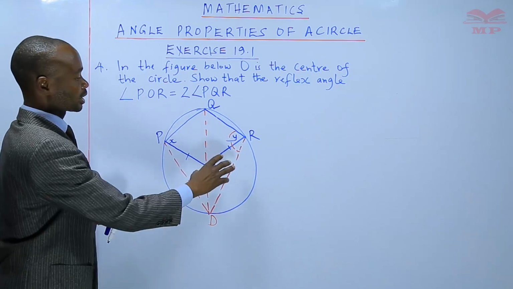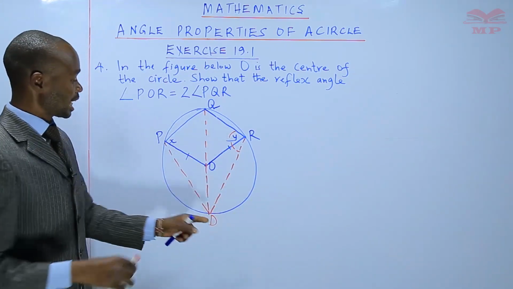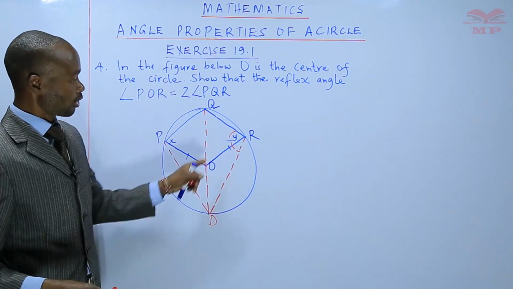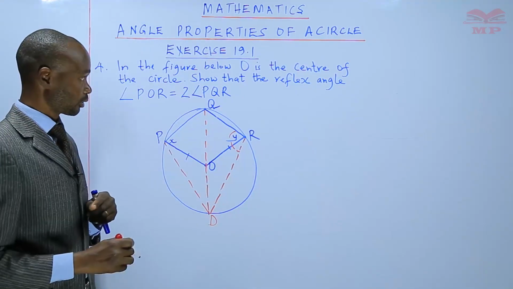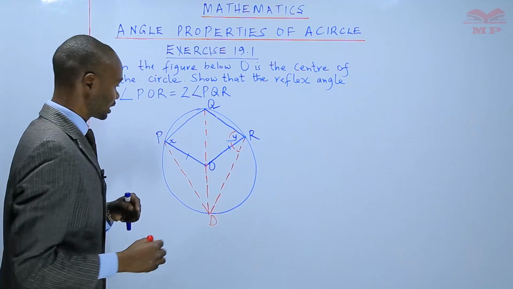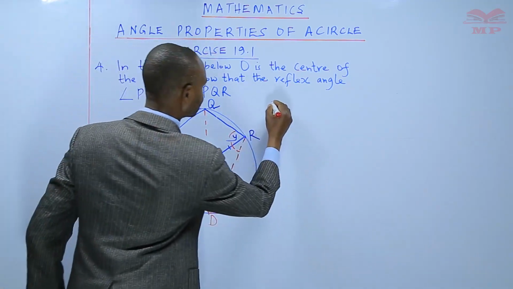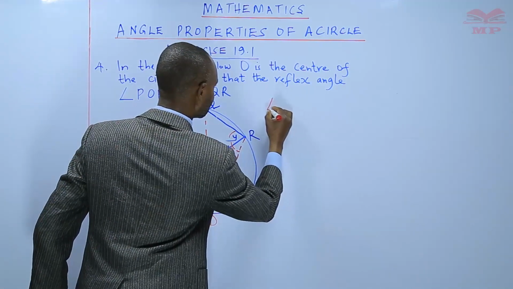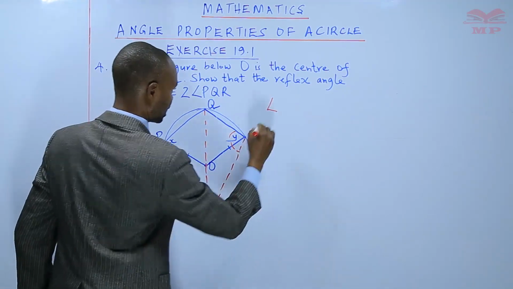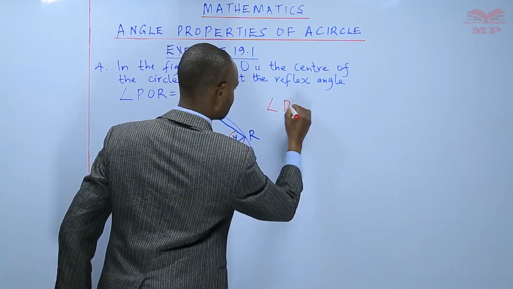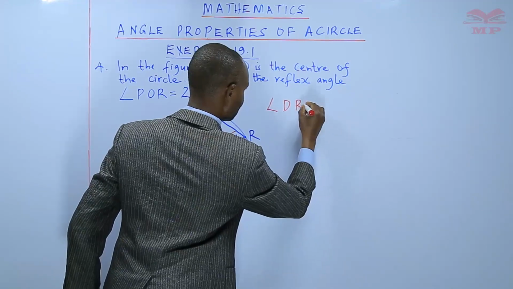But now, meanwhile, I'm interested in angle DRO because it is going to help me to get the reflex angle. So the first thing, I'll get angle DRO, angle DRO.